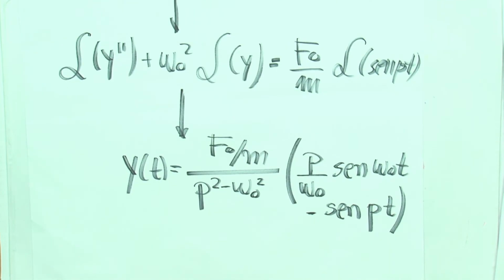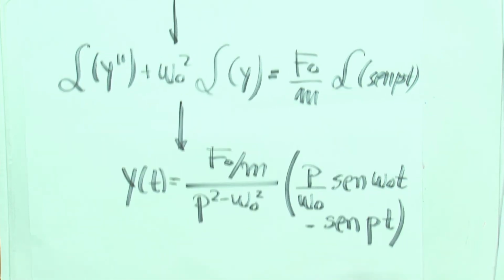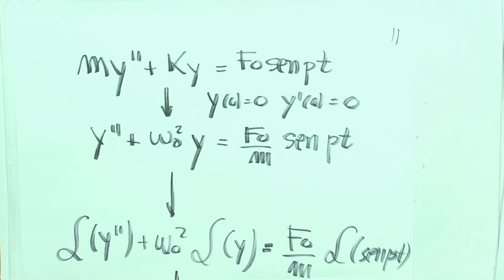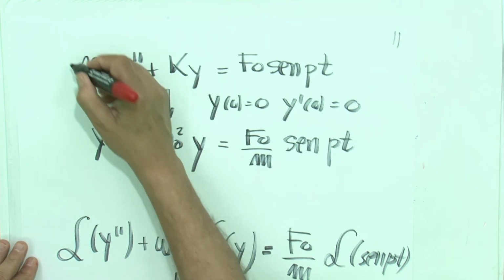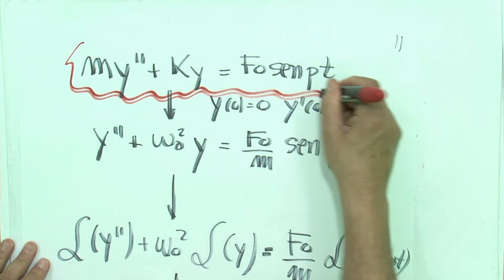So this is like transforming, solving a differential equation into a very simple algebraic equation, and we can write so this differential equation. So this is an example of the last equation I solved.